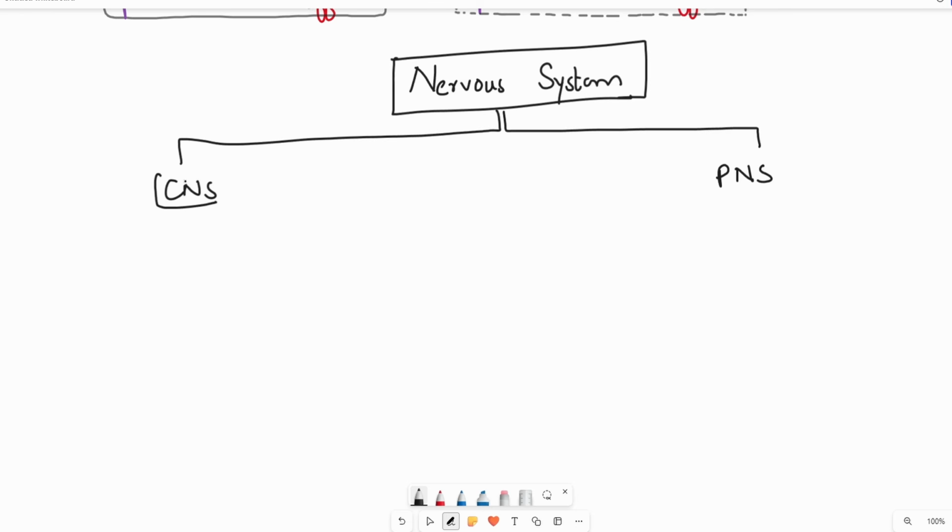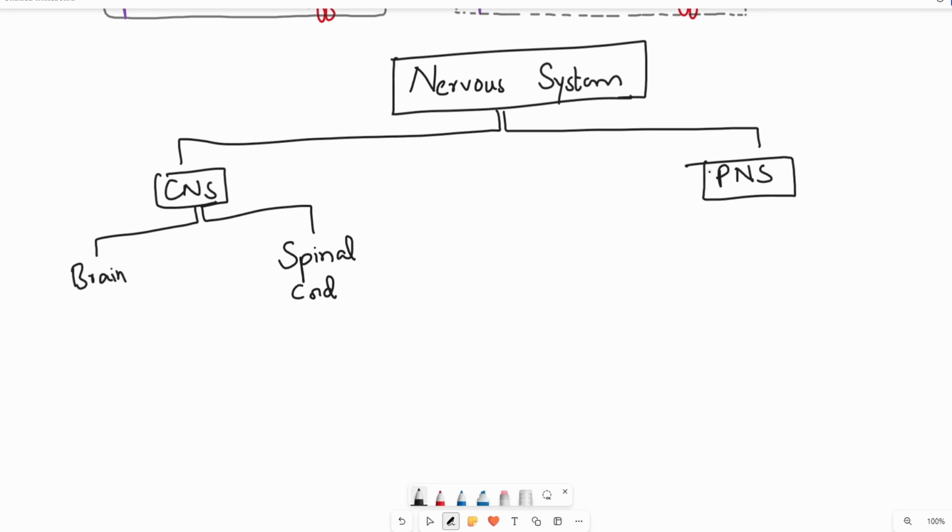The central nervous system is further divided into brain and spinal cord, and the peripheral nervous system has 2 main types of nerves: the cranial nerves, and the spinal nerves.